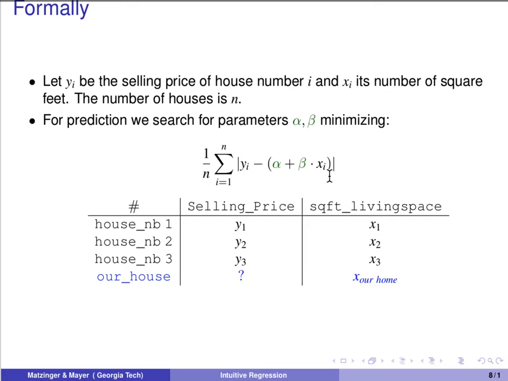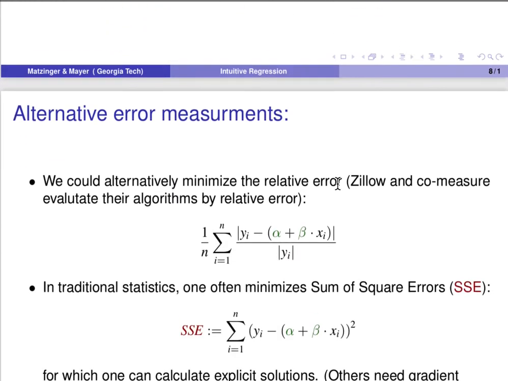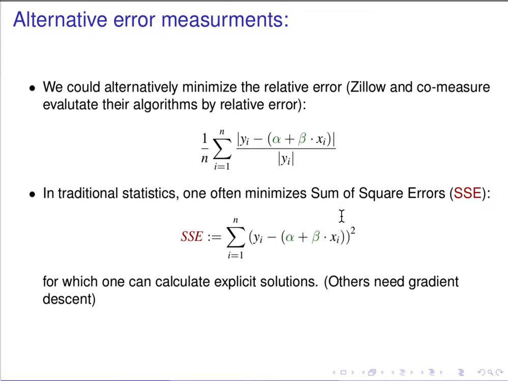The others are just numbers. Here yi would be the price of house number i, xi the feature, the square feet of living space, and here is the average error, the sum of the absolute values of yi minus (alpha plus beta xi).